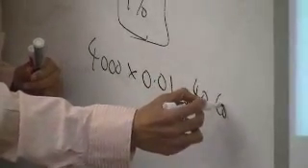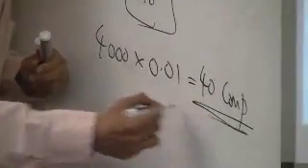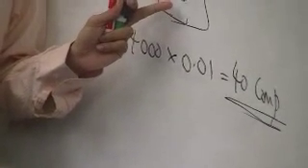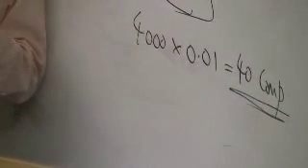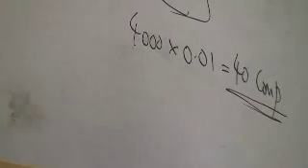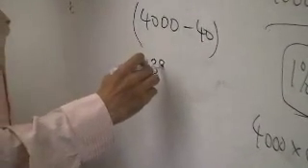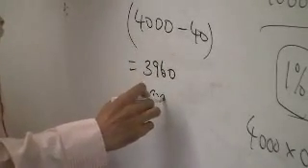So only 40 computers will be really infected in a network of 4000 computers, right? Because there's only a 1% chance any computer is infected. 40 over 4000 is 1%, right? Which means the remaining 4000 minus 40 are not infected.